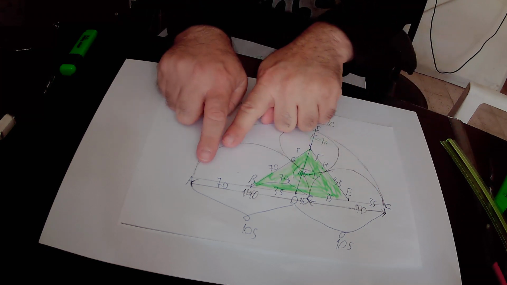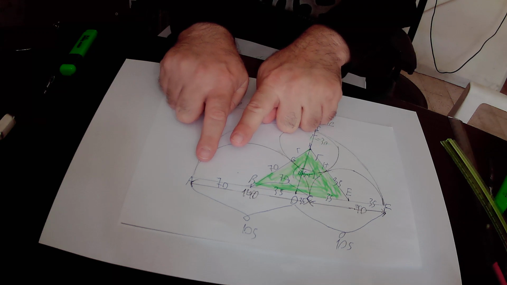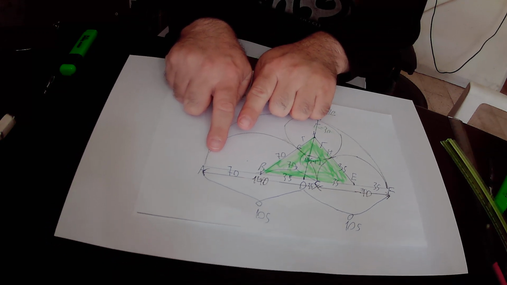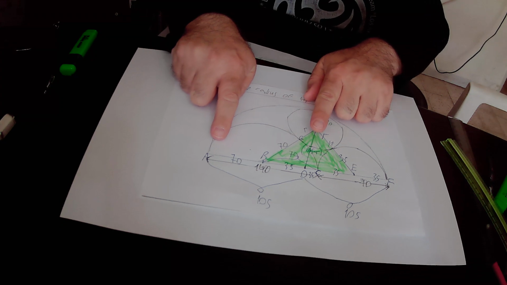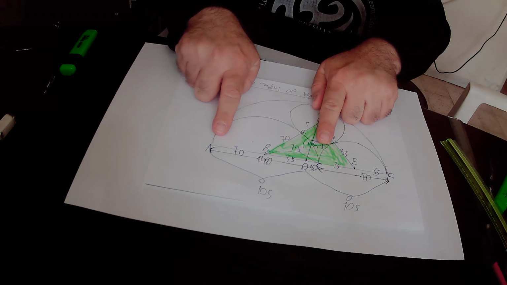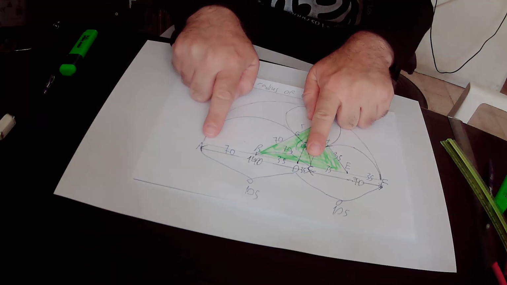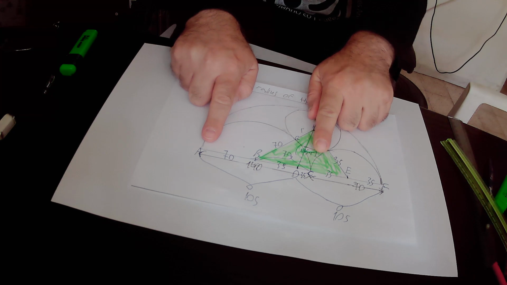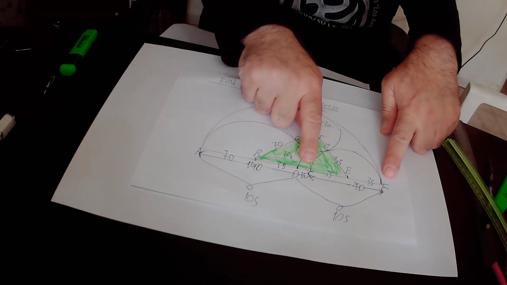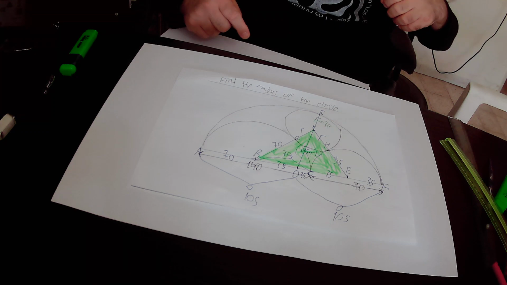Line segment AC equals 140 units, and line segment CF equals 70 units.